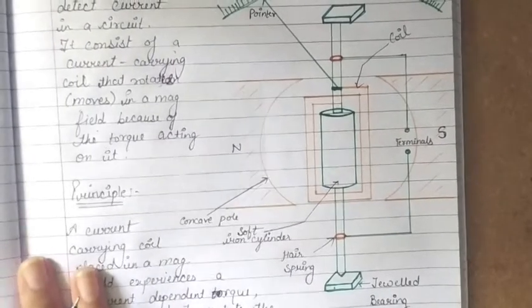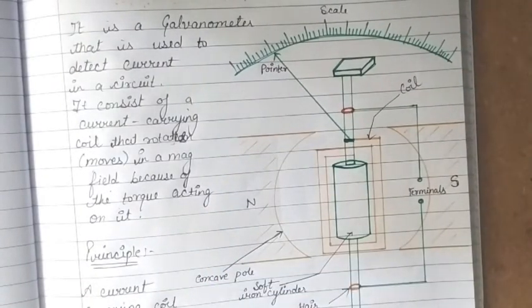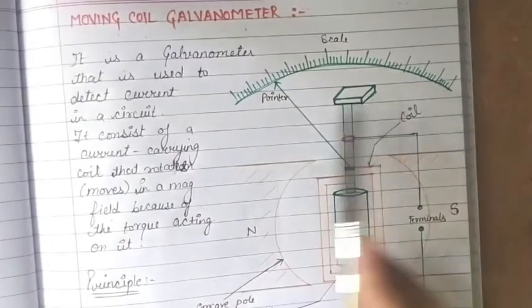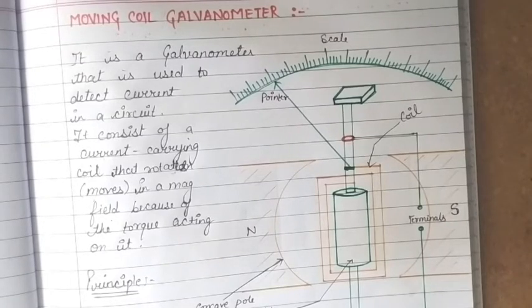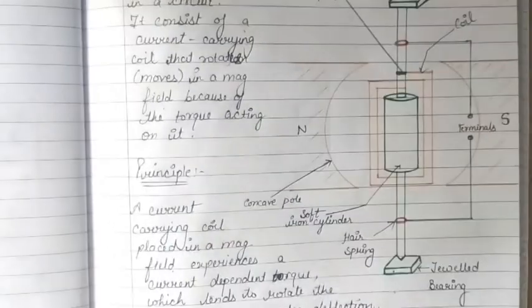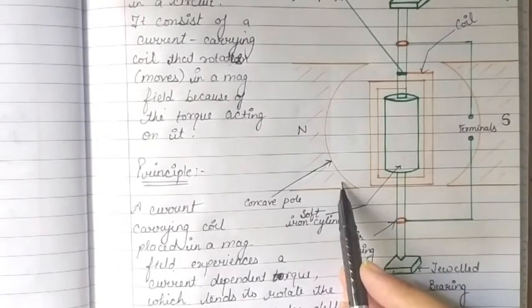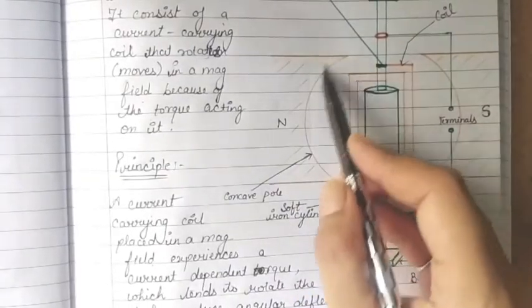And there exists an aluminium pointer, which is used to measure the deflection of the coil on a suitable scale. So we have a pointer and a scale. This rectangular coil is symmetrically placed between the poles of a strong permanent magnet having concave poles.